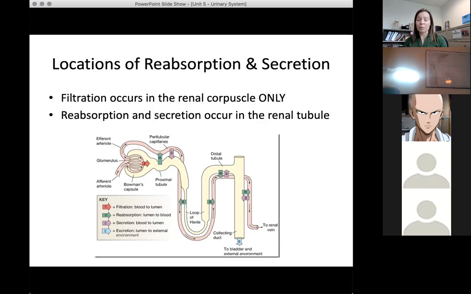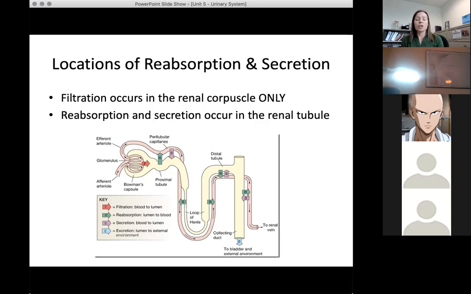Because remember, filtrate is initially everything from your blood except for blood cells and proteins. So there's a lot that initially gets filtered out of the blood that you don't want to lose in urine. These are substances that you want to keep in the body, you want to keep in the blood. So these are things that get reabsorbed.